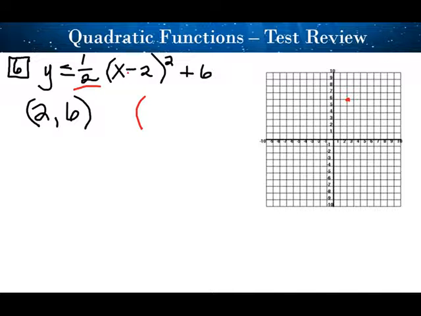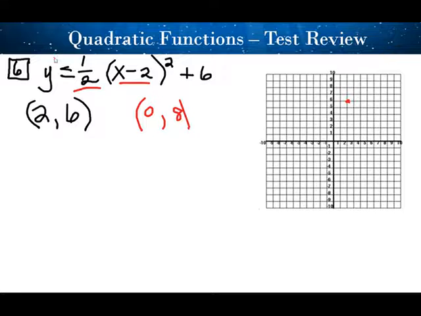So what I'm going to do is let's plug in 0. So if I plug in 0, I'm going to get -2. -2 right here is going to make a +4. But 4 divided by 2 is 2, and 2 plus 6 is 8.